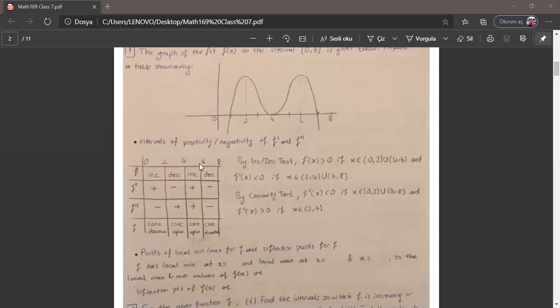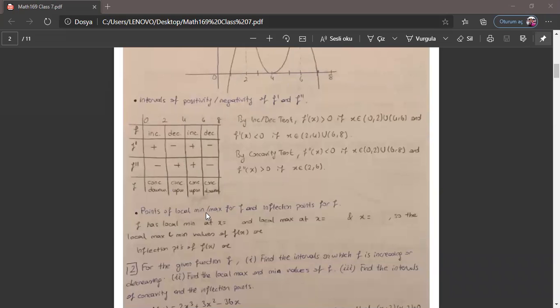And between 2 and 6, we see it's concave upward, so the second derivative of f is positive. And after this point 6, it's concave downward, so it is negative.